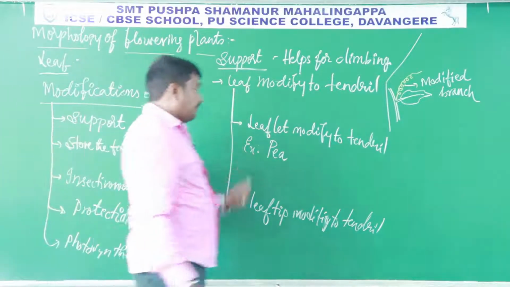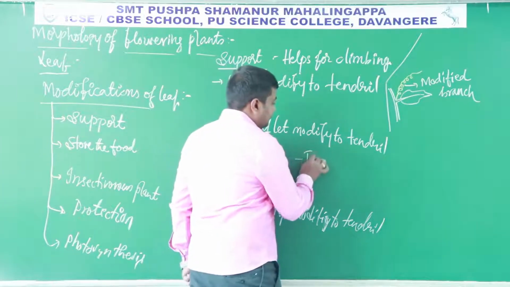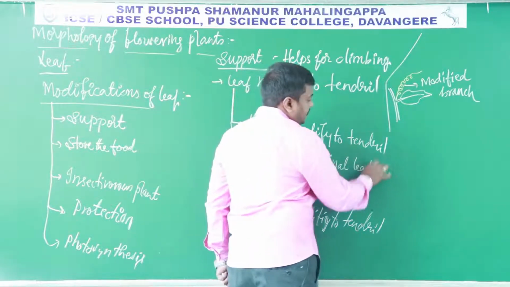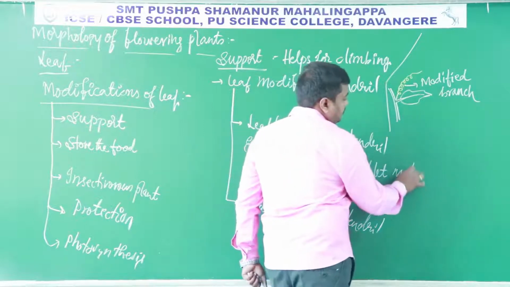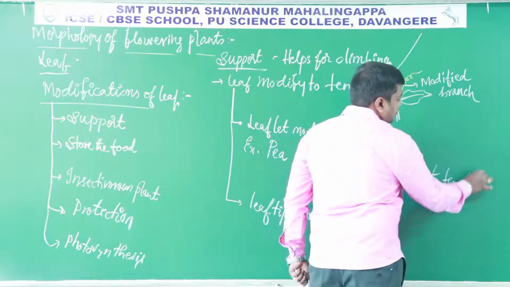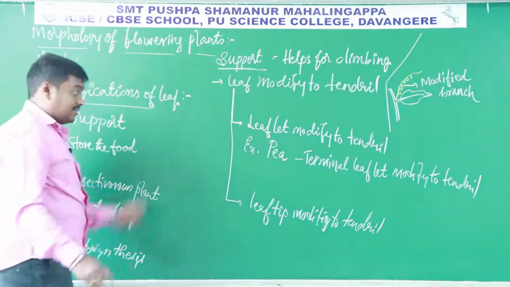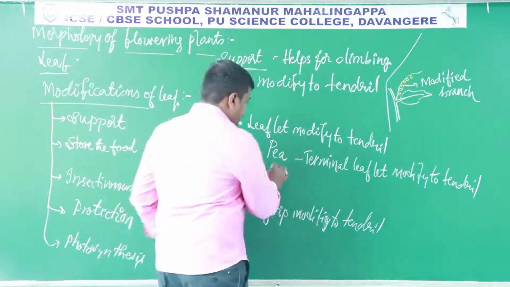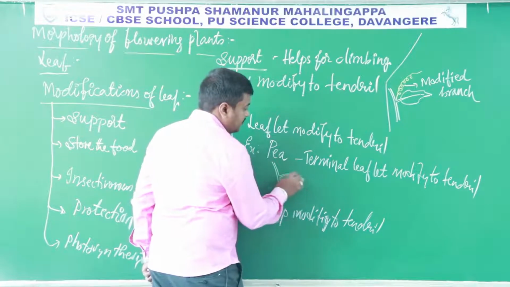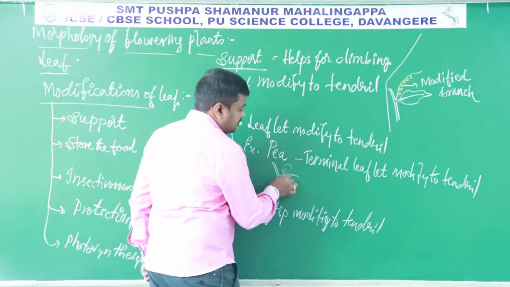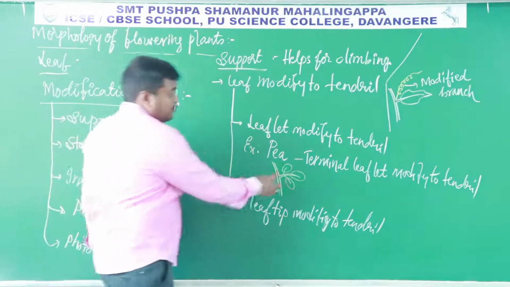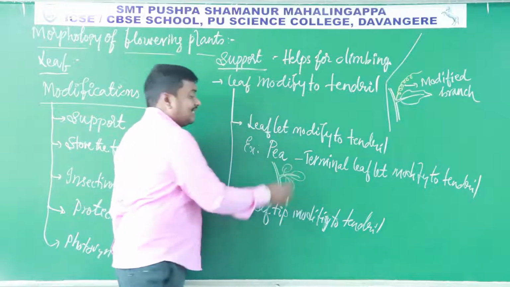So in that pea plant, the terminal leaflet is modified to tendril. This pea plant produces compound leaves. So it produces a compound leaf which has only 3 leaflets.